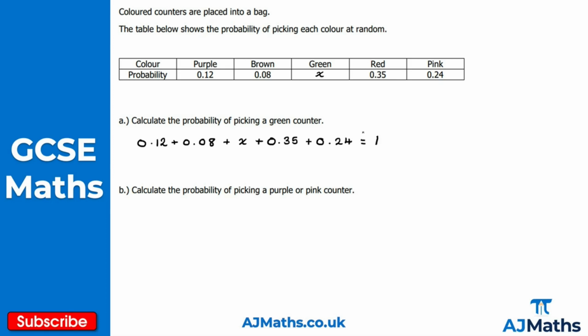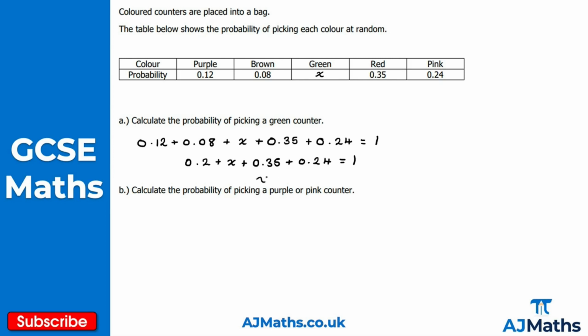Okay, so what I need to do now is just add all of these decimals on the left-hand side together, simplify the left-hand side. Well, 0.12 plus 0.08, that's 0.2, so I've got 0.2 plus x plus 0.35 plus 0.24. That's all equal to 1 still. So we simplify here, 0.35 plus 0.24, so that's going to give me 0.59.